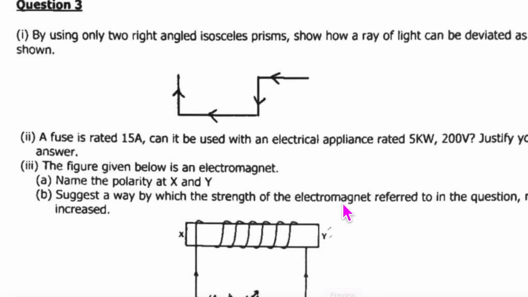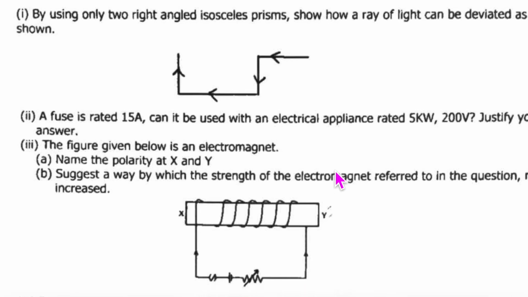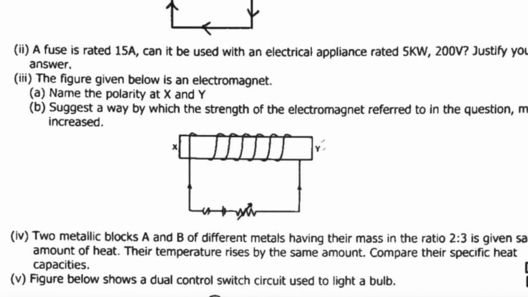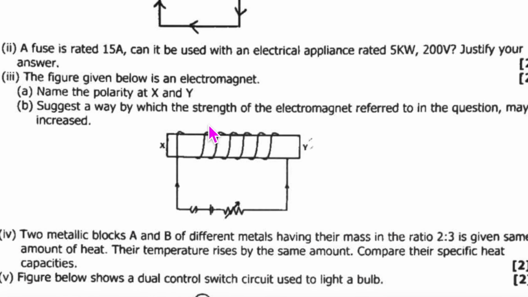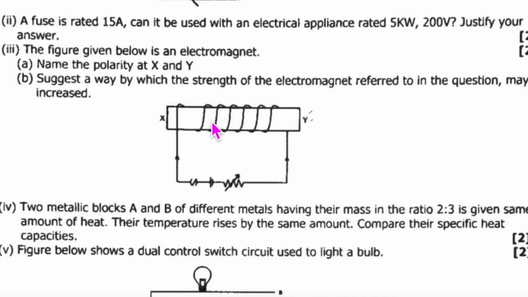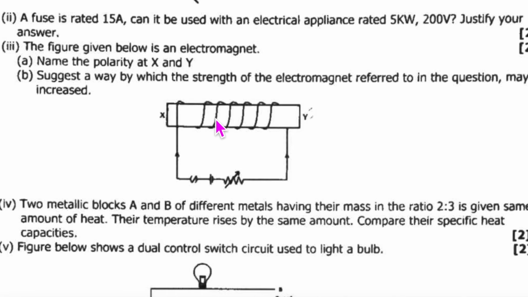Now let us come to the second part. What are they telling us? This was for 2 marks. The fuse is rated at 15 ampere. Can it be used for this appliance?